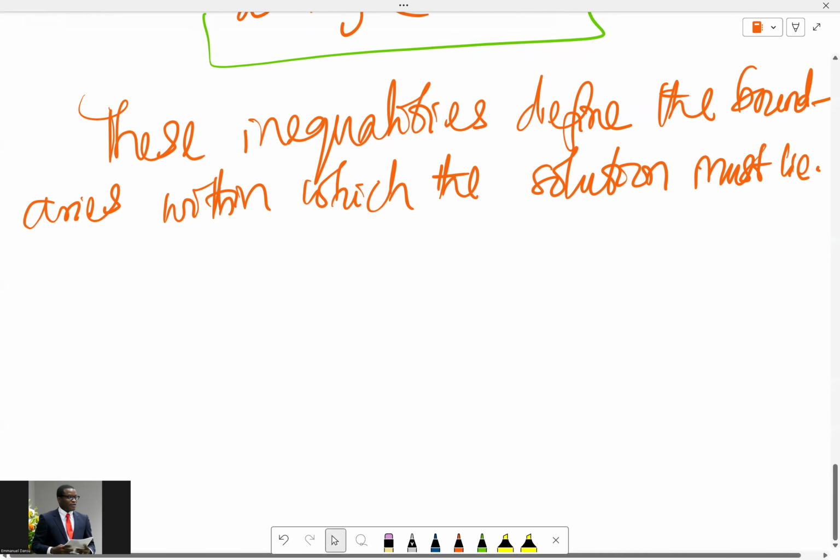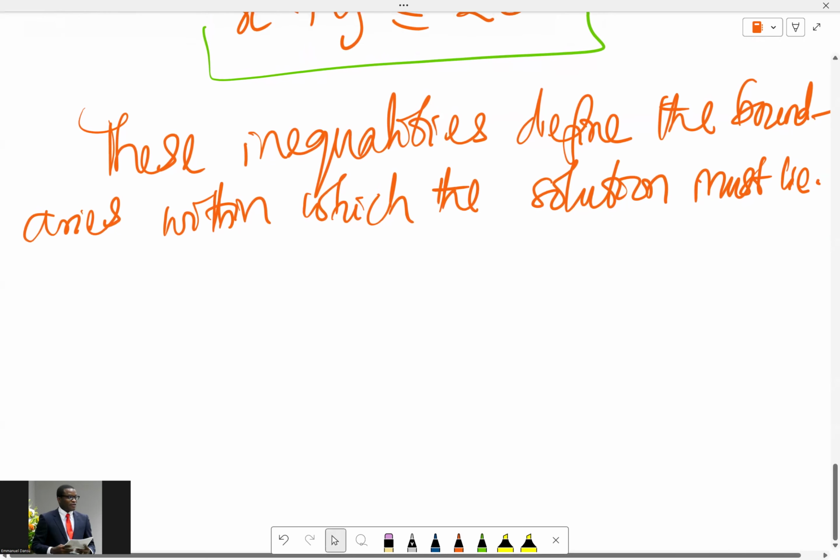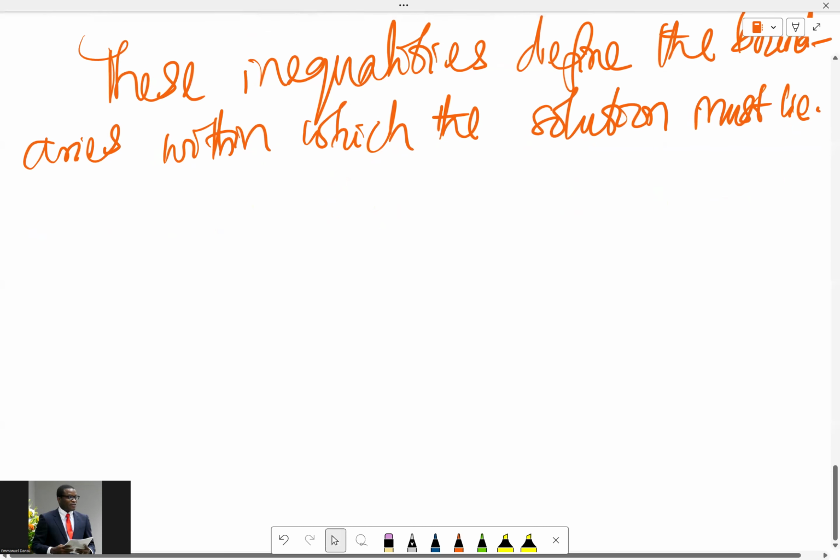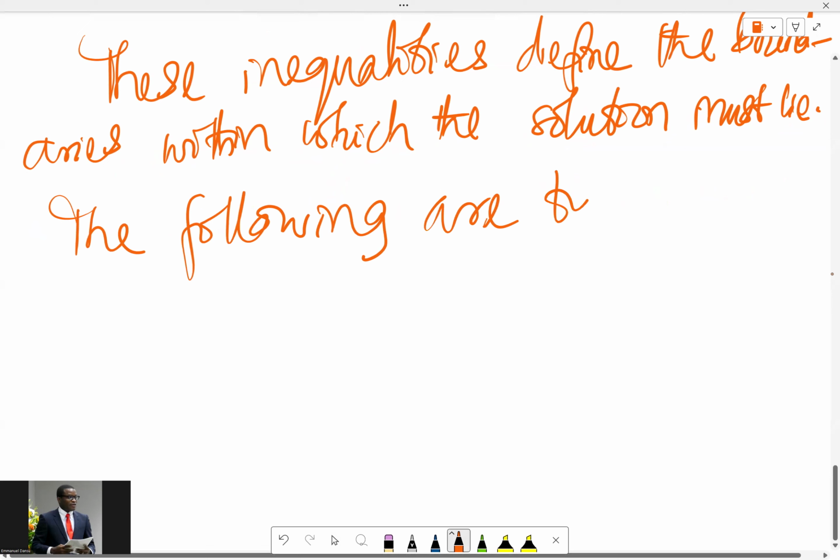In linear programming and optimization, constraints are critical components that define and shape the problem, just like we've said already, right? So let's talk about the following types of constraints.